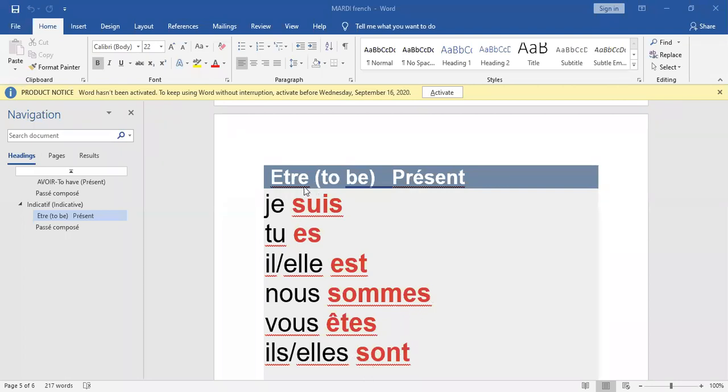If you're to conjugate a verb like aller into the past, is this the helping verb that you will use? You will now have je suis allé, tu es allé, il, elle est allée, nous sommes allés, vous êtes allés, ils sont allés, elles sont allées.